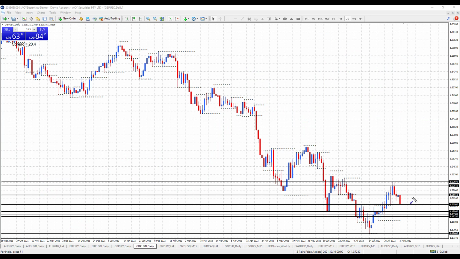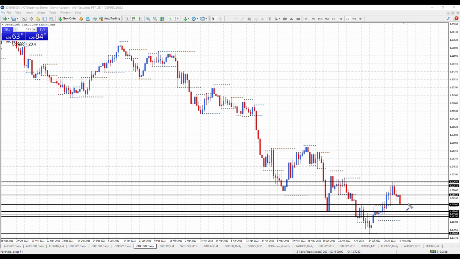Alright traders, on to the last pair to review for the weekend, the pound dollar. Now we pretty much topped on Monday, failed at 122.51 weekly resistance, and then we were down for the week. Closing heavily down on Friday after the job figures from the US, just sitting on day support here at 120.56.